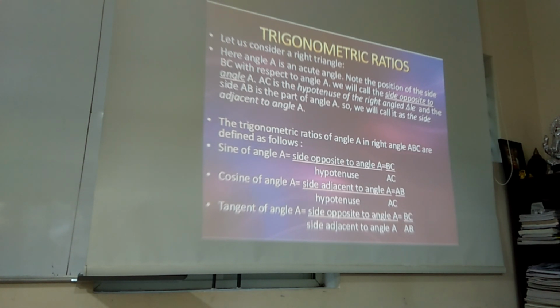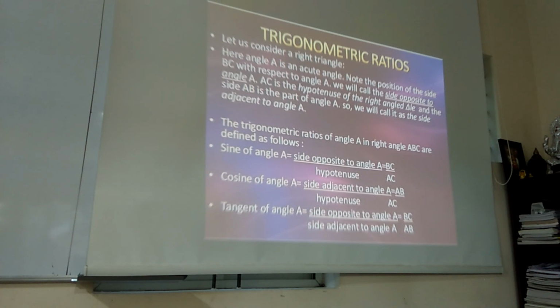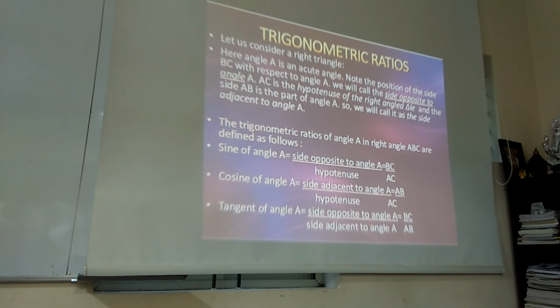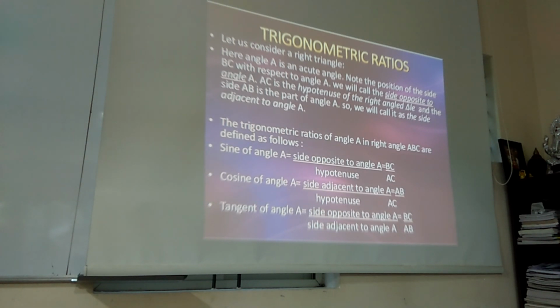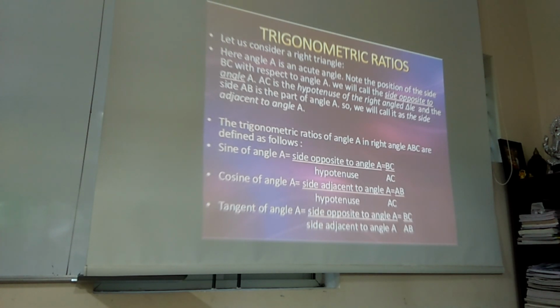So if we are taking the ratios for the hypotenuse, it will be the ratios for the tangent ray. Very simple. For tangent, we take the remaining two combinations: perpendicular and base. Perpendicular by base is tangent. Now we are done with the three ratios.